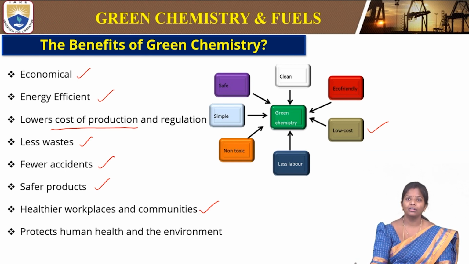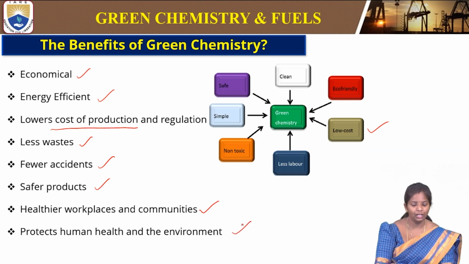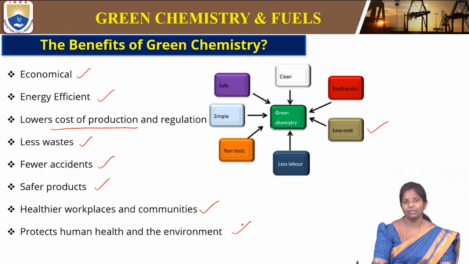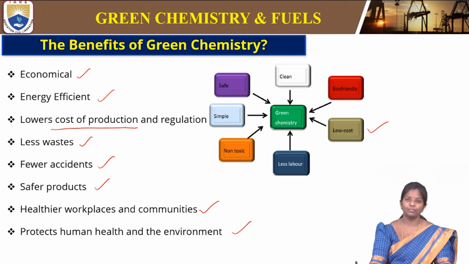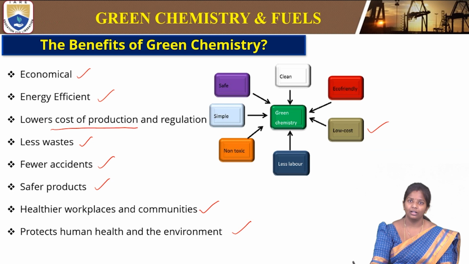So even the workplace for any labor will be healthier and the communities where we are using the product will be better. Then it protects human health and the environment. So using these safer products will protect us from bad concerns and also give a healthy environment, and therefore will give better results. So the same is depicted in the figure here.